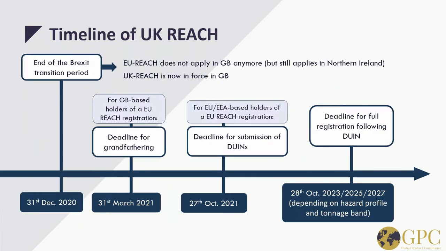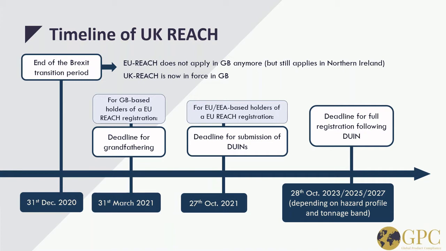So here's the timeline. 31st of December 2020 was the end of the Brexit transition period, and EU REACH ceased to apply in GB, and still applies in Northern Ireland. Then UK REACH came into force on 1st of January. 31st March 2021 is the deadline for so-called grandfathering.